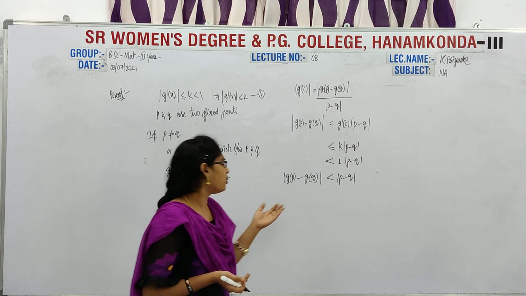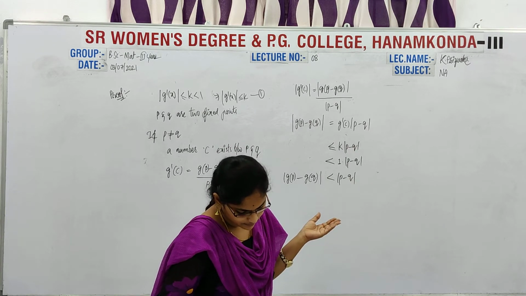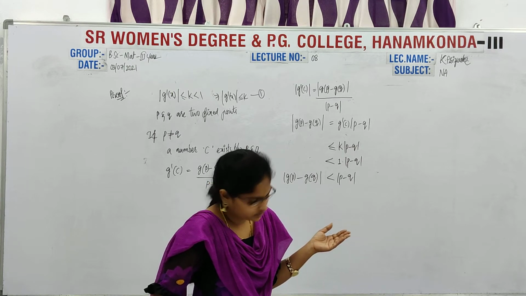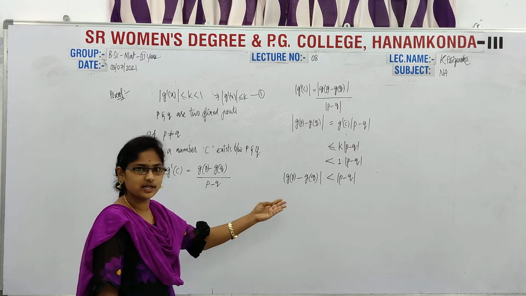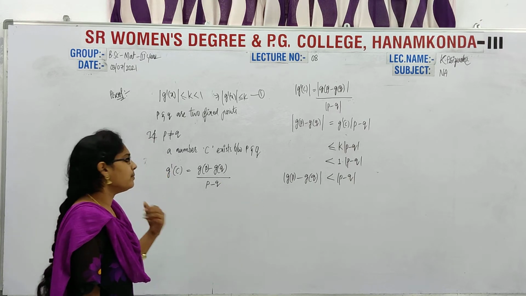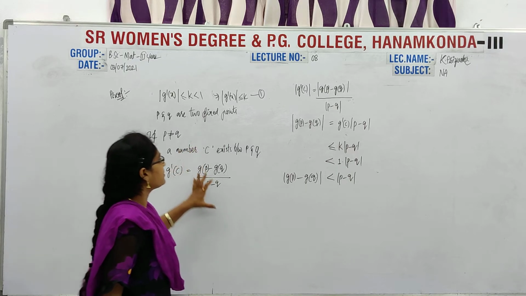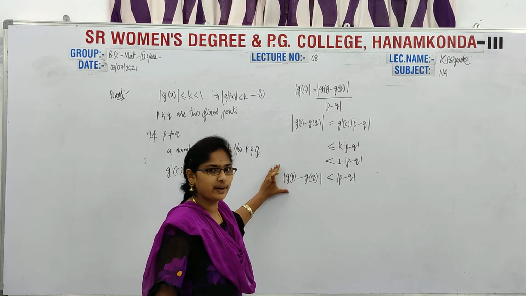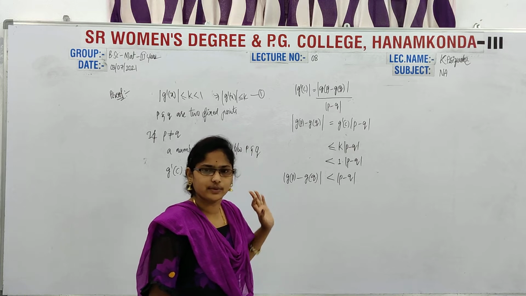So when we have, I am saying that both are not equal. So here what is happening is, of course I can say it in one sentence also, but I am not doing that, because you have to understand. By taking this condition and finally taking the help of the Lagrange's mean value theorem, I have that modulus of G of P minus G of Q is less than modulus of P minus Q. Right?